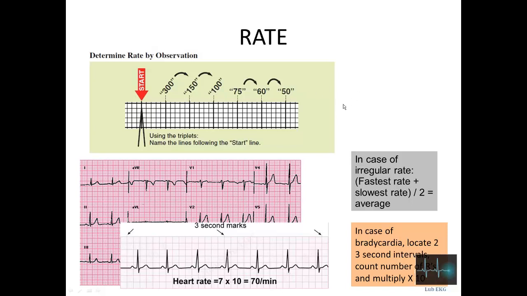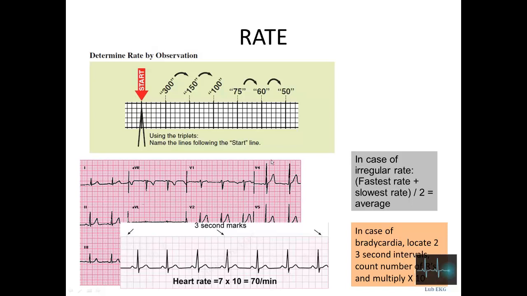Now, in case of irregular rate, which can happen, we do a little bit of math. We take the fastest rate and then we add this with the slowest rate and divide by 2, which will give us an average.